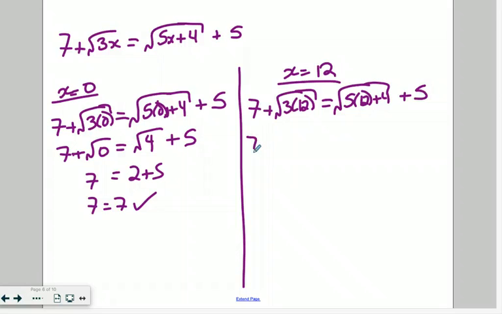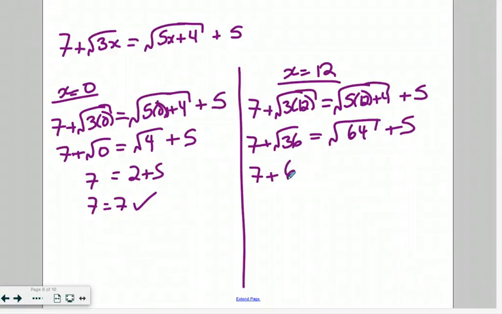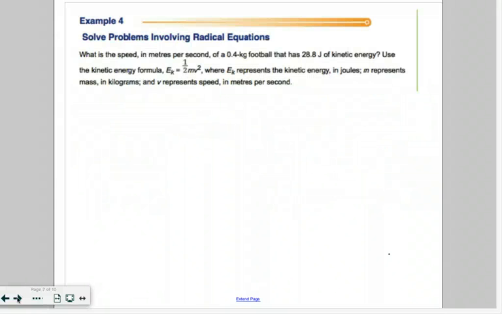So 3 times 12 is 36, so it's 7 plus root 36. 5 times 12 is 60. 60 plus 4 is 64. So that's root 64 plus 5. Root 36 is 6. 7 plus 6 is 13. Root 64 is 8. And 8 plus 5 is also 13. So both of our solutions of x equals 0 and x equals 12 are valid in this case. There are no extraneous roots.